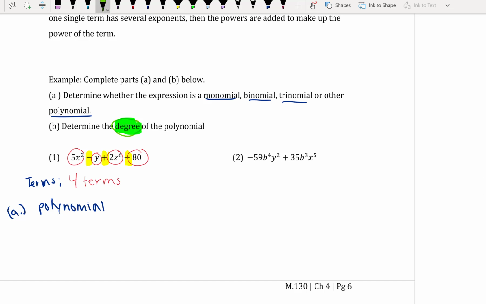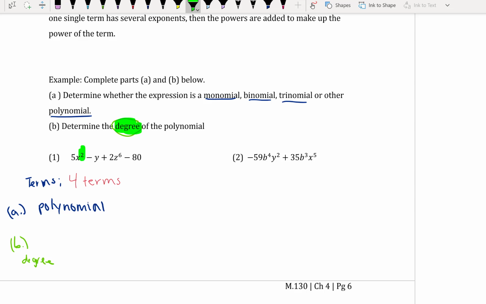And then for our part B, it wants us to find the degree of the polynomial. So if I'm thinking about the degree, well, remember, it's going to be the highest exponent in any given term. So if I'm looking at this polynomial, the thing that I want to be focusing on is the exponents.